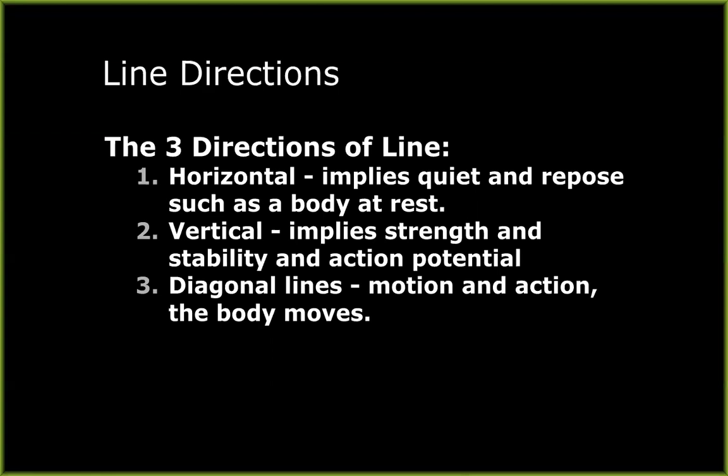And sometimes you get action potential out of that. But if you want to convey movement, then you use diagonal lines. Diagonal lines seem to convey the feeling of being slightly off balance, and they carry that feeling of something is about to happen. This is going somewhere. Something is going to move.